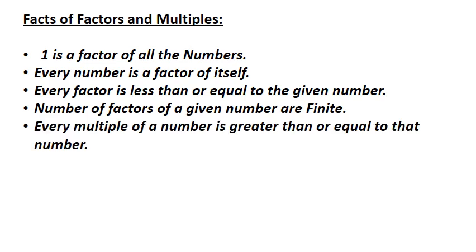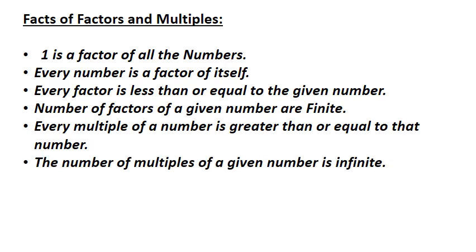Every multiple of a number is greater than or equal to that number. So when we are talking about multiples, multiples are unlimited. We all know that. So the multiple always starts with the number itself and then it is always greater than the number itself. So the multiple of any number is either greater than that number or equal to that number.